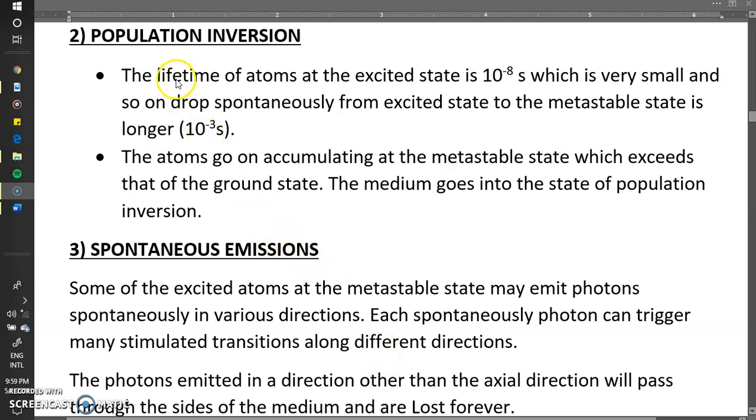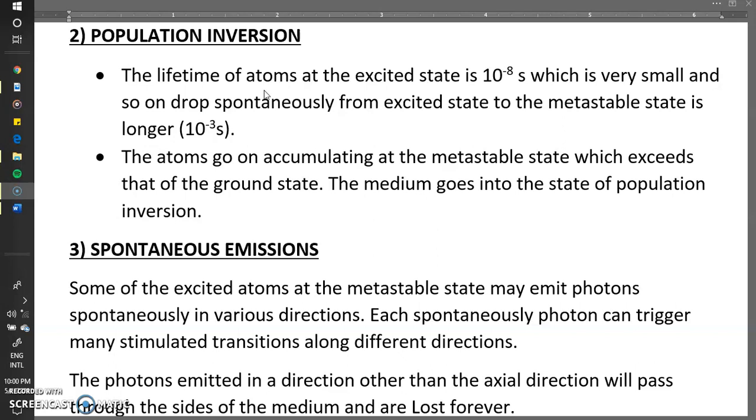Next, we'll see the population inversion. As you know, the lifetime of the atoms in the excited state is very small, about 10⁻⁸ seconds. So they quickly drop spontaneously from the excited state to the metastable state.